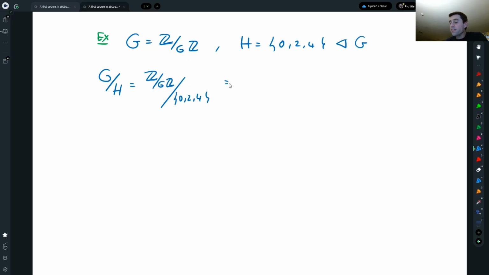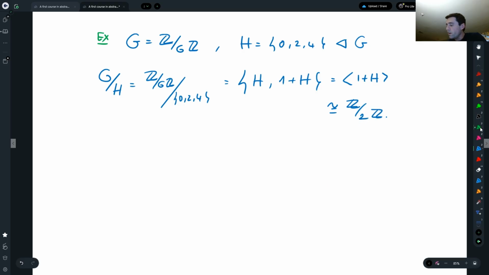There are precisely 2 cosets now: H and 1 plus H, H being the identity. So this is just going to be the subgroup generated by 1 plus H once again, and this is cyclic of order 2, so it's isomorphic to Z modulo 2. Great. In these examples the group itself was abelian, so those are the easy ones.